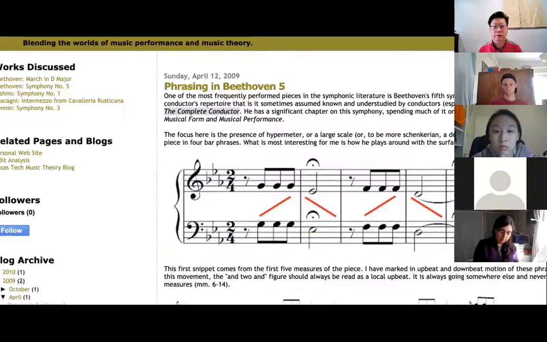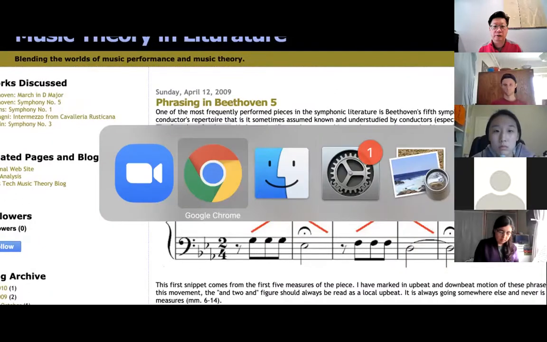Okay. Let's do some conducting. So one of the things that I would love for you to do, I'm going to take some excerpts from Beethoven 5, first movement. Let me share the screen. I'm going to go into advanced mode and share only a portion of the screen so I can still see you.